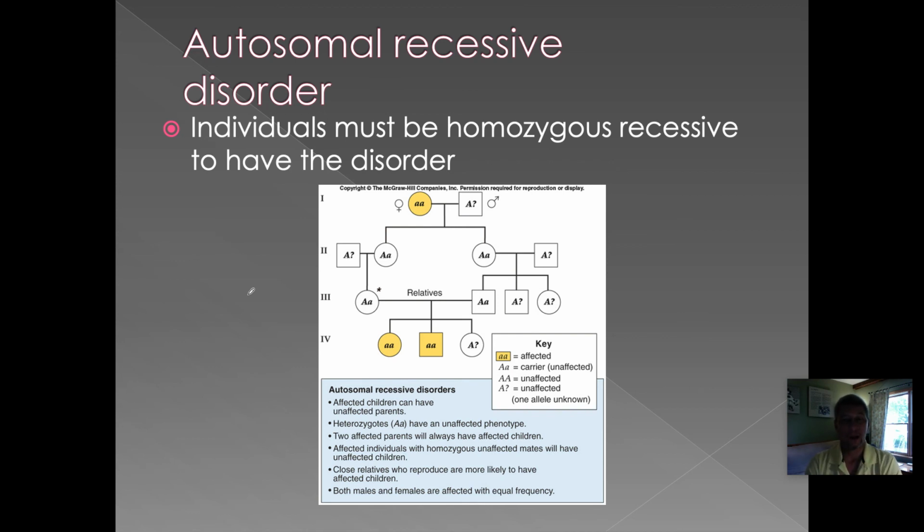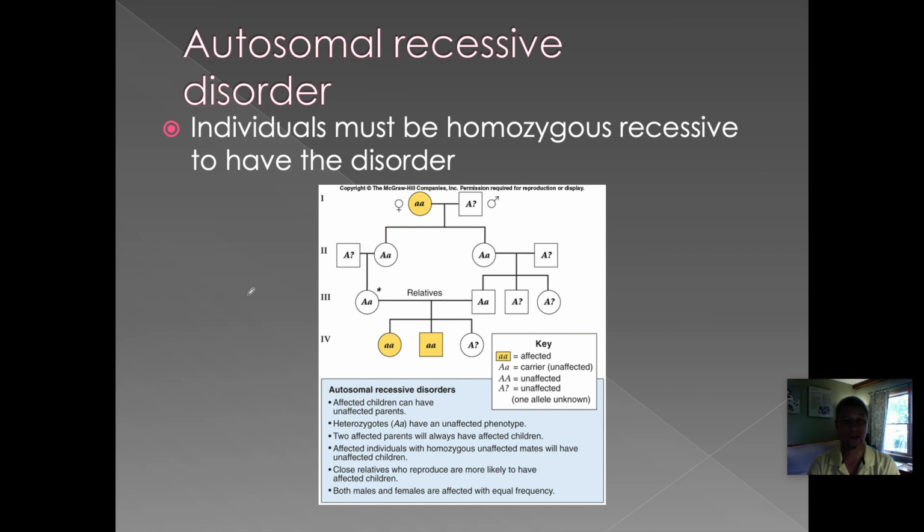Now, notice that in generation one, you have a mother, and the circle represents females. The mother is homozygous recessive, and so therefore she is affected by the disorder, whatever it is. The father has at least one copy of the dominant allele, and so therefore there's a good chance that the children in generation two, and this couple has two daughters, are not affected by the disorder.